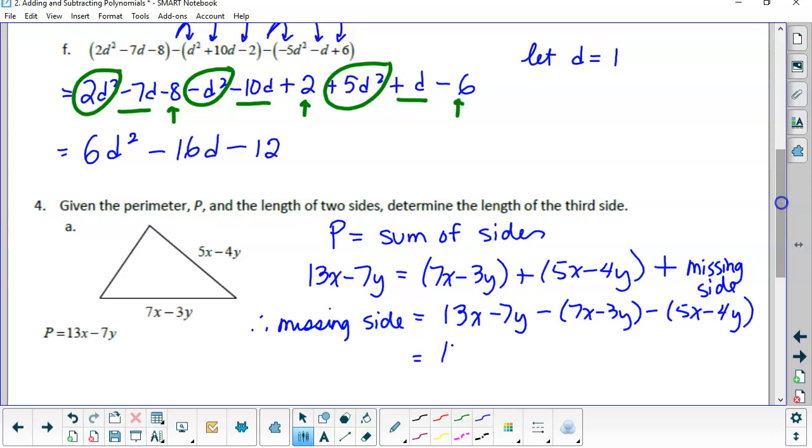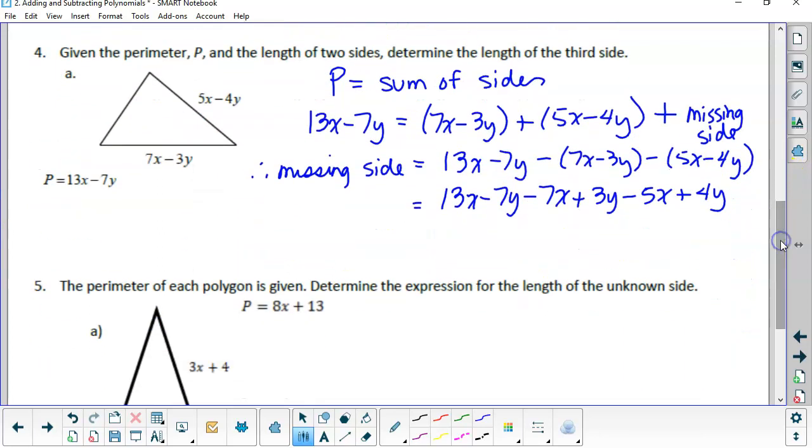And without brackets, we get 13x minus 7x is 6x, minus 5x is 1x, negative 7y plus 3y is negative 4y, plus 4y is 0, right?